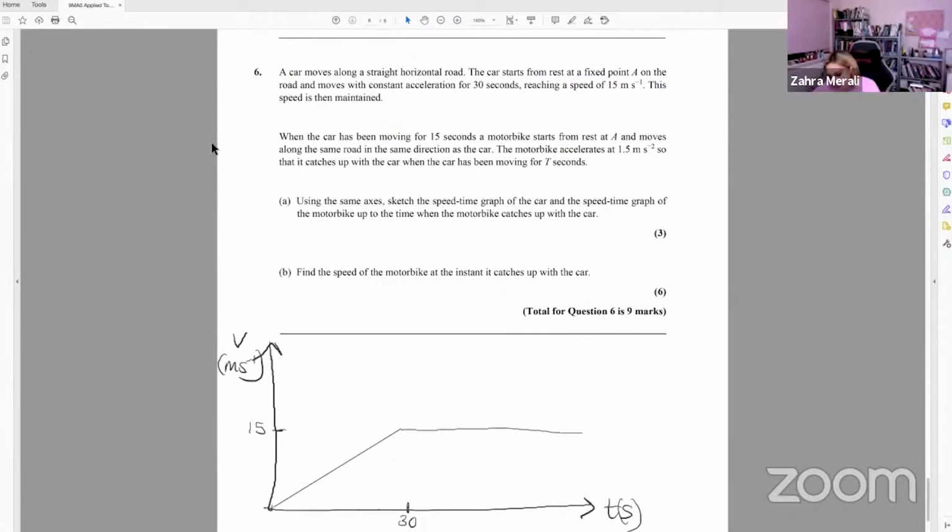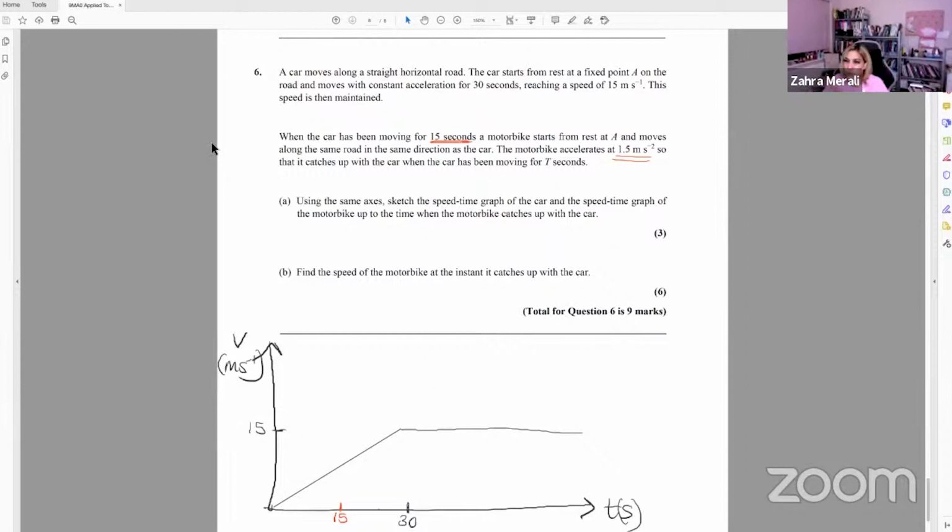When the car has been moving for 15 seconds, the motorbike starts at 15, and it accelerates at 1.5 meters per second squared. So what I've got to think about is, at this point, 15 seconds later, I want to know how it crosses essentially. What speed will the motorbike be going at?